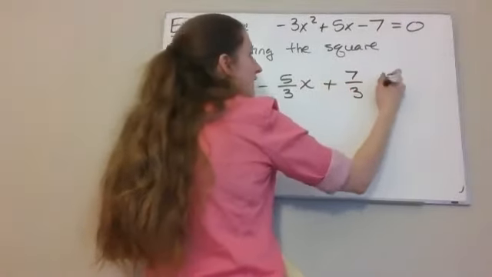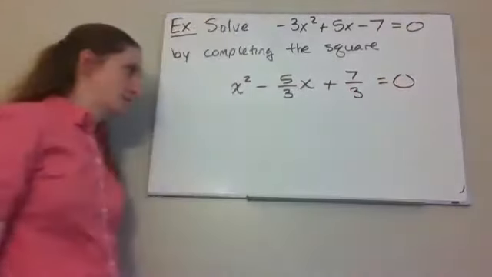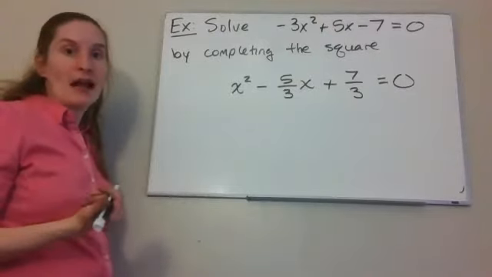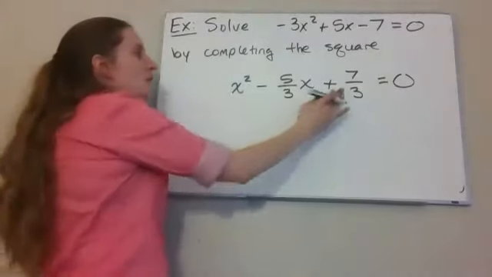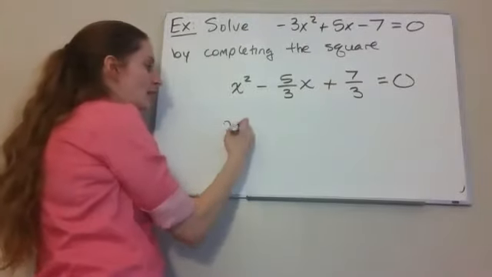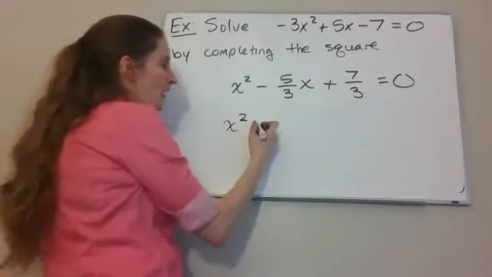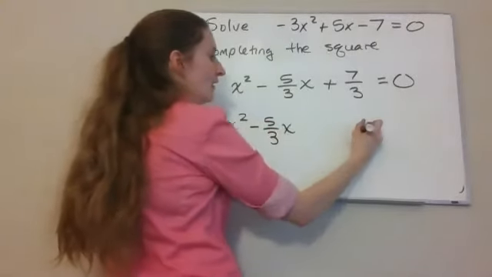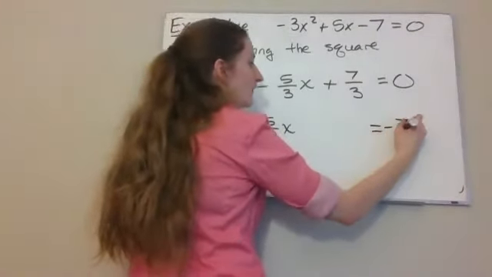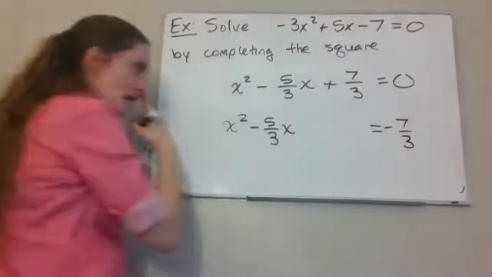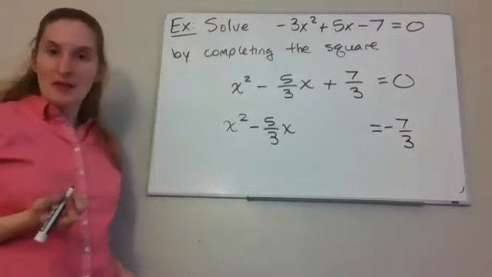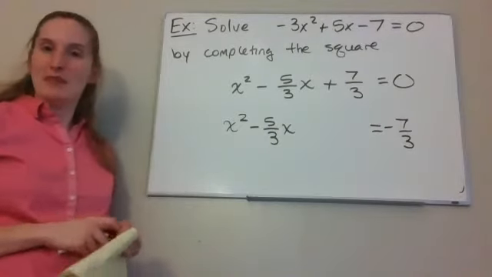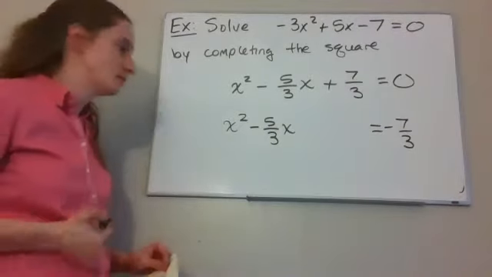over 3 equals 0. And now I have to isolate my terms that have the variables. So I'm going to move the 7/3 to the other side. x squared minus 5/3 x equals negative 7/3. And I left all of the space here in my equation because I know my next step is adding my b over 2 squared.